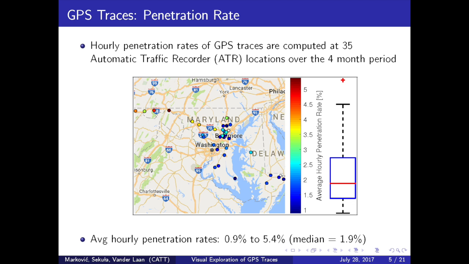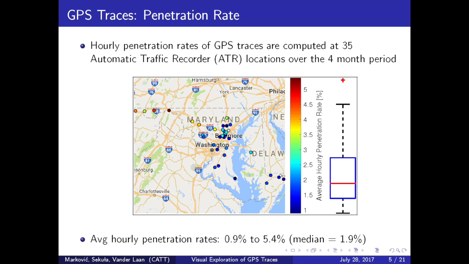So clearly, this GPS data we're looking at doesn't capture all of traffic. One of the first things we wanted to understand is what percentage of actual vehicles on the road we are capturing with this data set. In order to do this, we focused on 35 automatic traffic recorder locations where we have relatively accurate traffic counts at the hourly level.